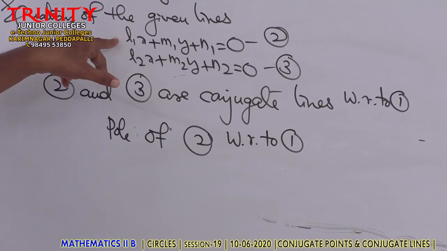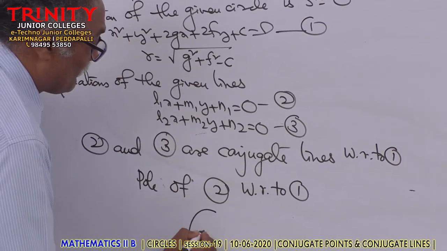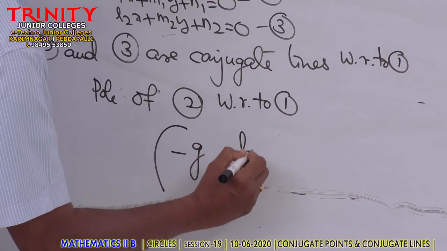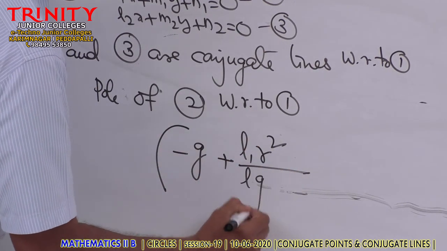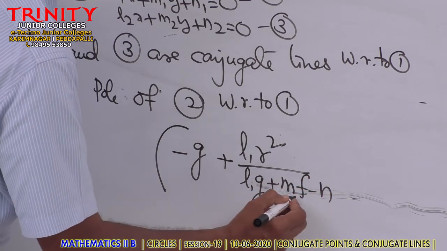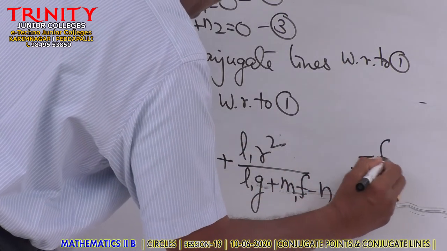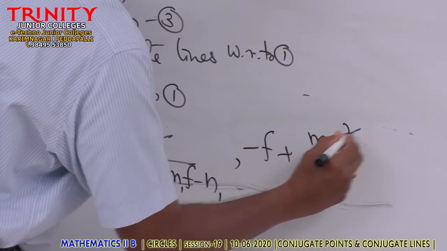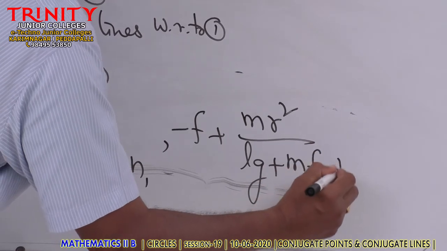The pole of this line with respect to the circle is minus g plus L1 R square by L1g plus M1f minus N1, comma, minus f plus M1 R square by L1g plus M1f minus N1.